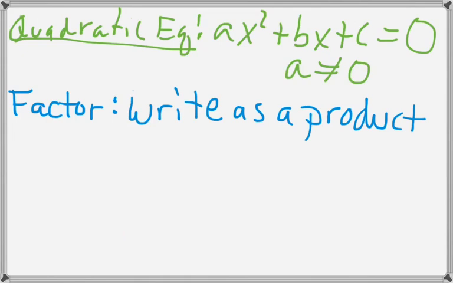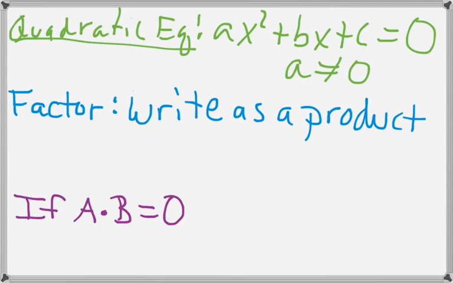Now we do that because then we can use this property. I'm not going to state the name of the property here quite yet. But just think about this for a minute. If I tell you I've got two numbers, a and b, and I multiplied them together and I got 0, you probably automatically know something about those numbers a and b, right?